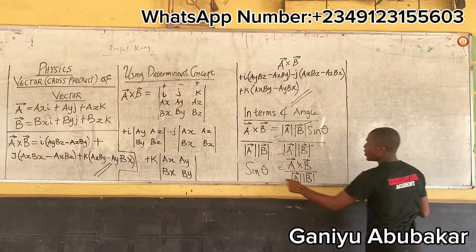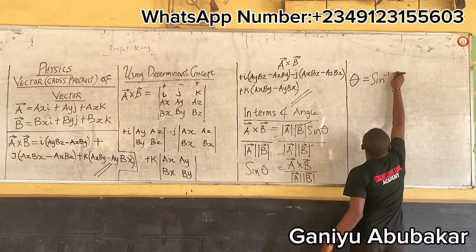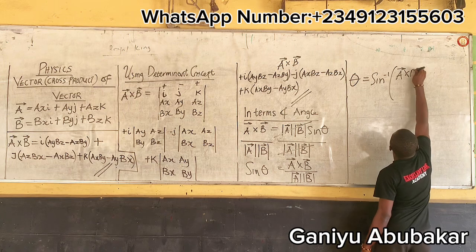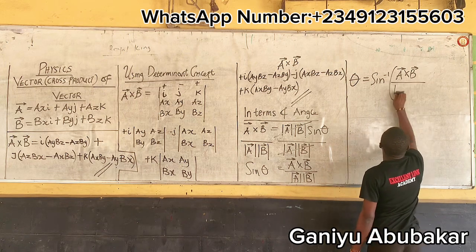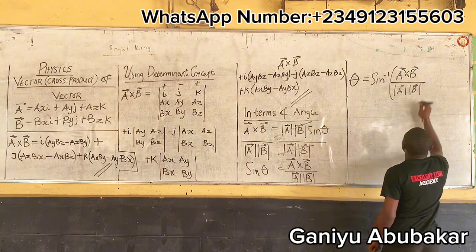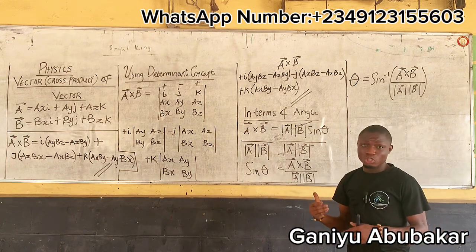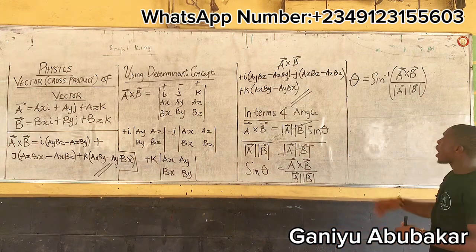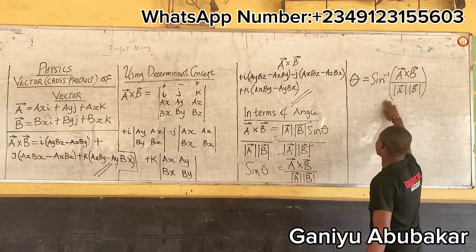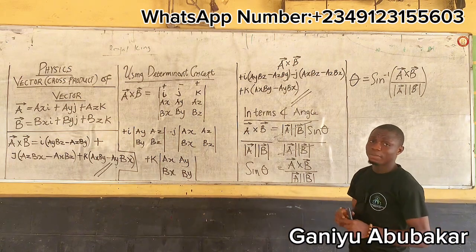Theta now is equal to sine inverse of the cross product of vector A and B all over the magnitude of vector A and vector B. By the way, I've taught you guys how to calculate for magnitude of vectors in our previous class, so you should know how to do that. So let's calculate the angle between two vectors using the cross product. This formula you apply. Let's take an example and explain this concept better.